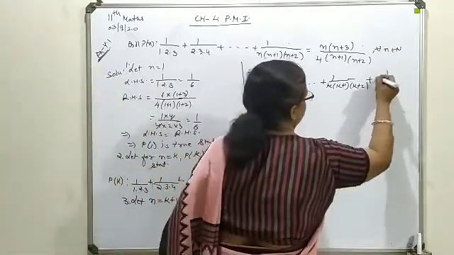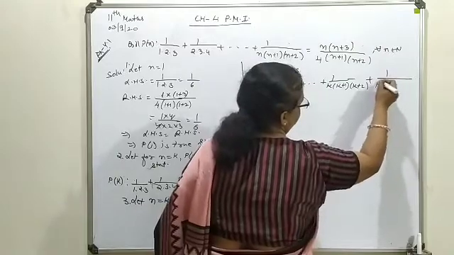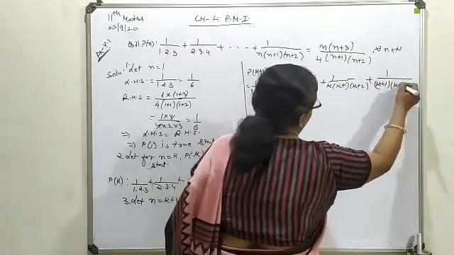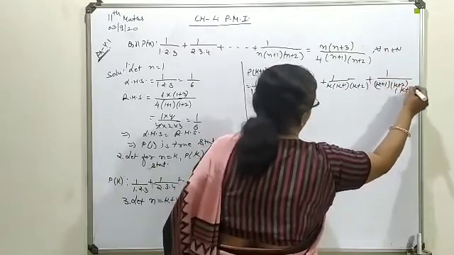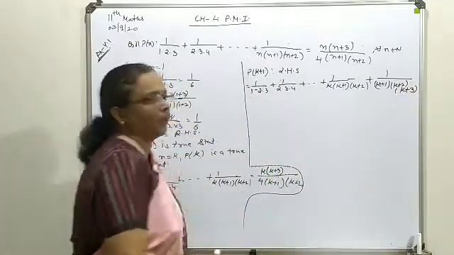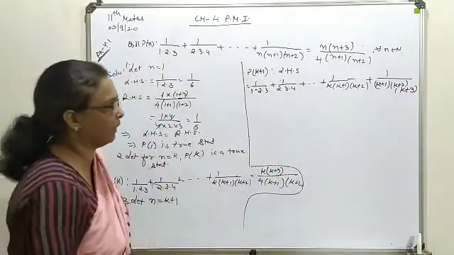So here it will be turned as k plus 1, k plus 2, one more added in each bracketed form. So this we will have.